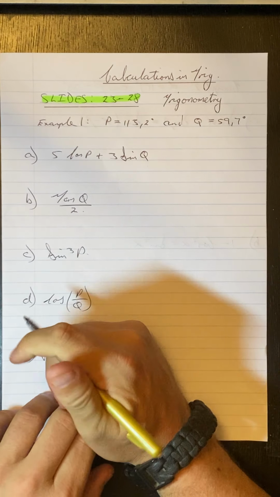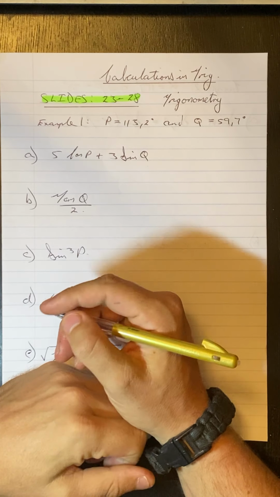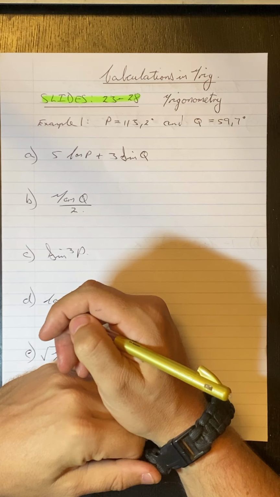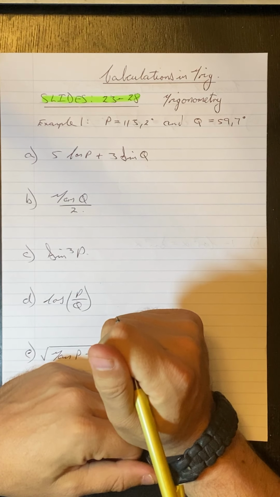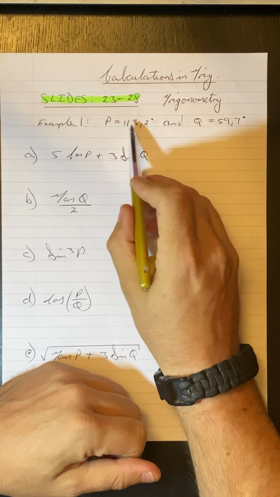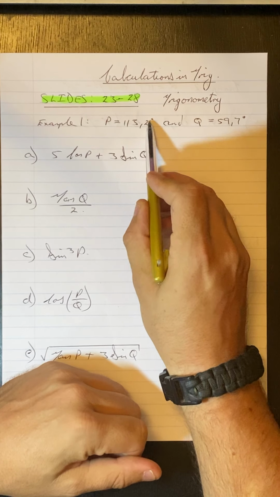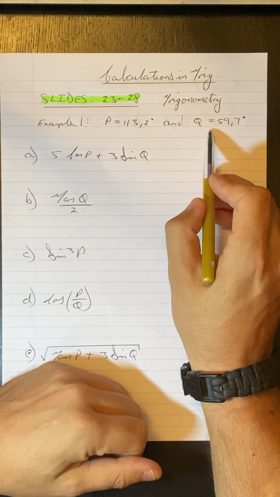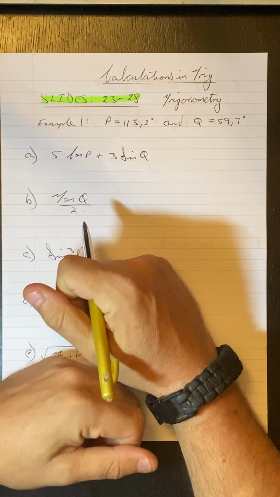So going straight into it, example 1 says evaluate the following correct to 2 decimal places if P is equal to 113.2 degrees and Q is equal to 59.7.